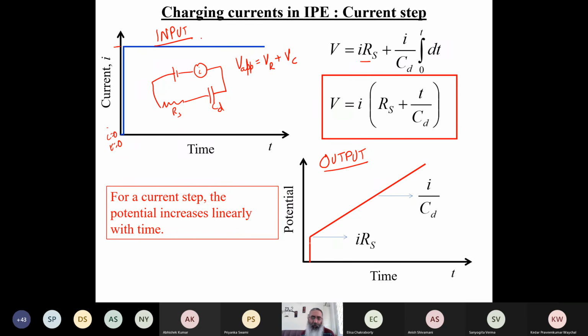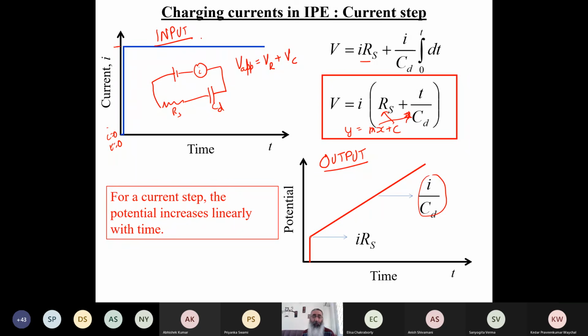This is a very straightforward graph. You see that it's a positive slope. The slope is going to give you I over CD, and the y-intercept is going to give you I RS. This is of the form y equal to mx plus c, where c is this component, and mx is this component.